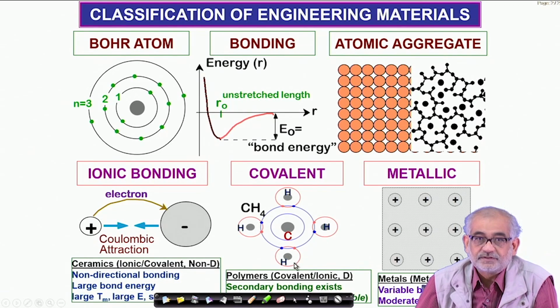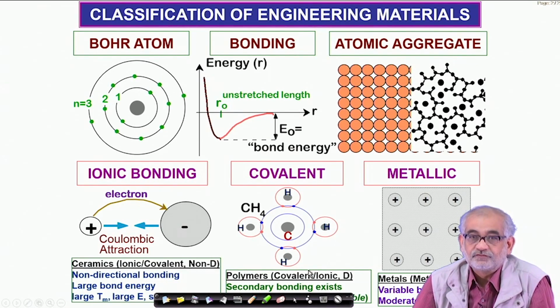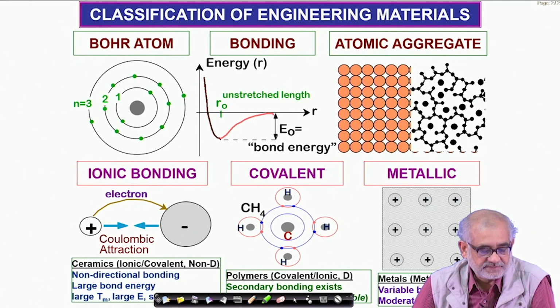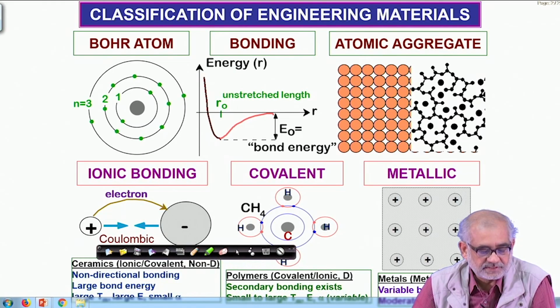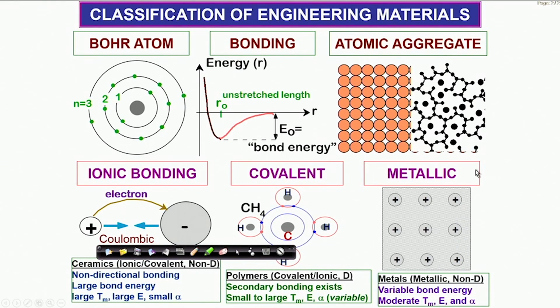So here we are talking about directional bonding, fairly large to very small bond energy, both are possible, and because of which you are likely to see fairly small to fairly large, so a band of melting temperatures, variable coefficient of thermal expansion, and also variable elastic modulus.